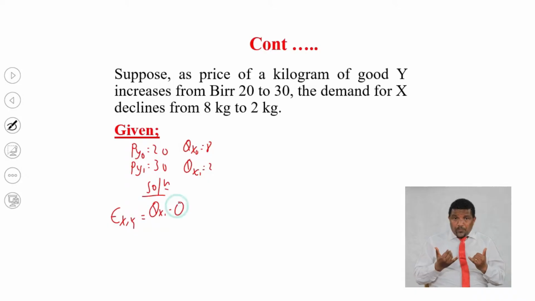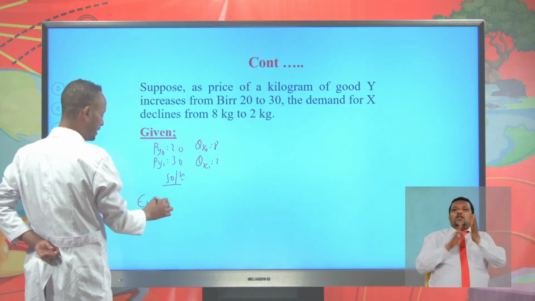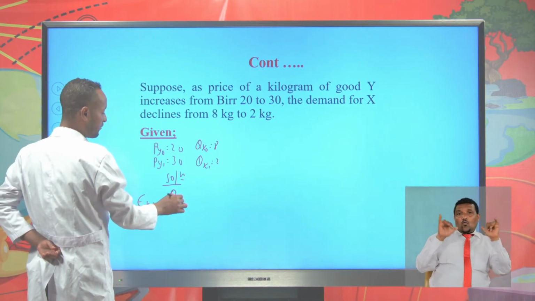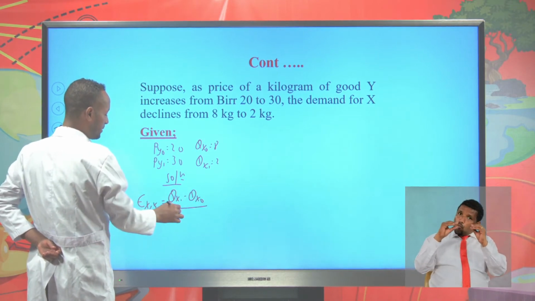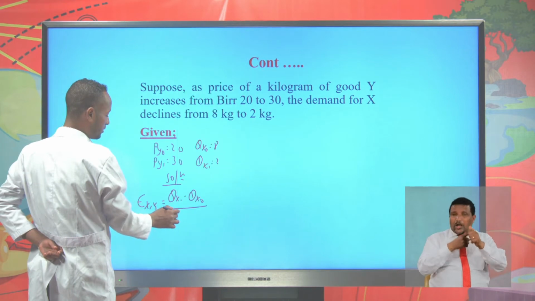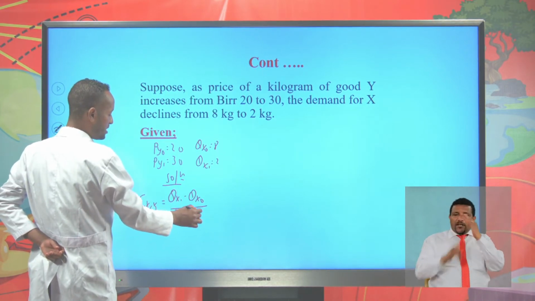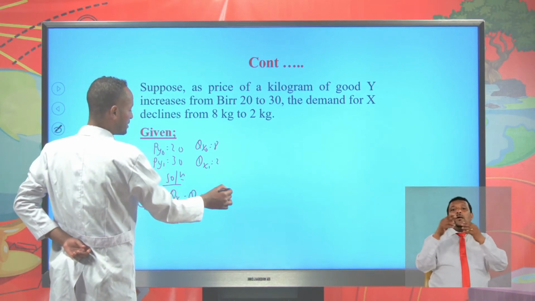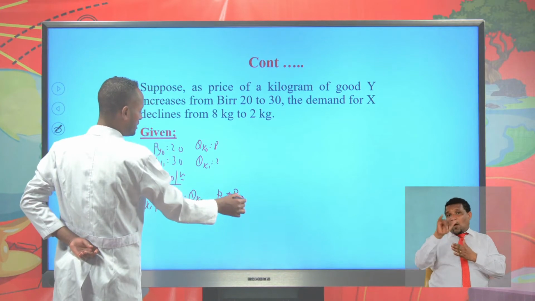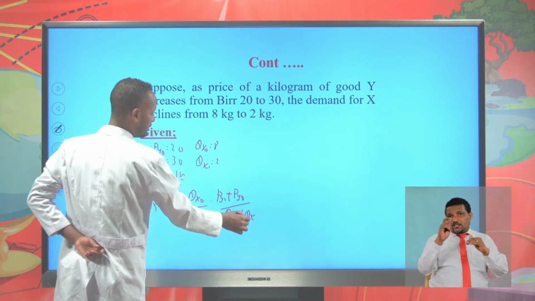Now, coming to the solution part, the cross price elasticity of demand between X and Y equals the quantity of commodity X final minus quantity of X initial divided by price of commodity Y final minus price of commodity Y initial, multiplied by price of Y final plus price of Y initial divided by quantity of X final plus quantity of X initial.